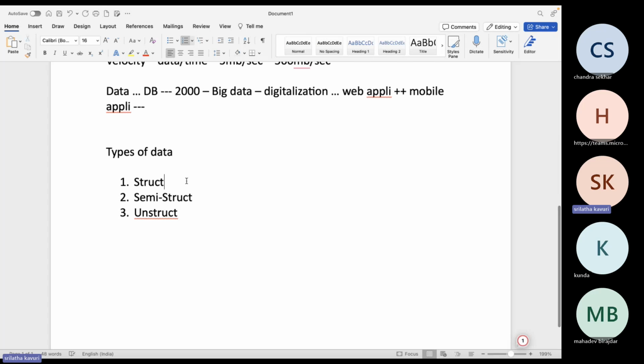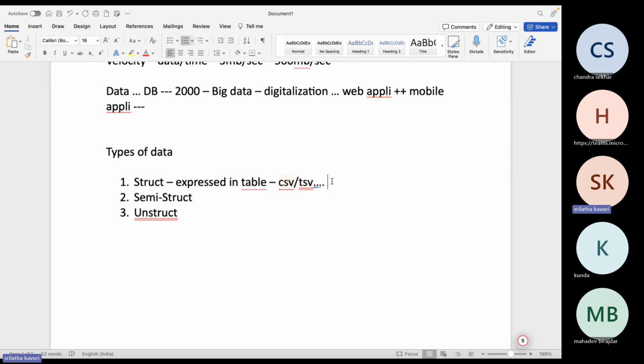Now when we say structured data, that means any given data set that can be expressed in the form of a table. Example formats of these files are CSV files and TSVs, and there are many more, but these are a few of the most common examples within structured data.